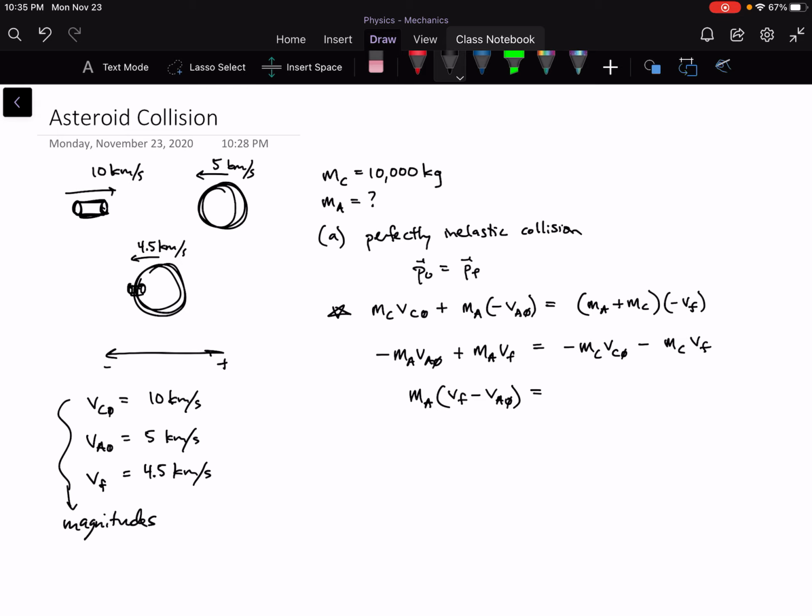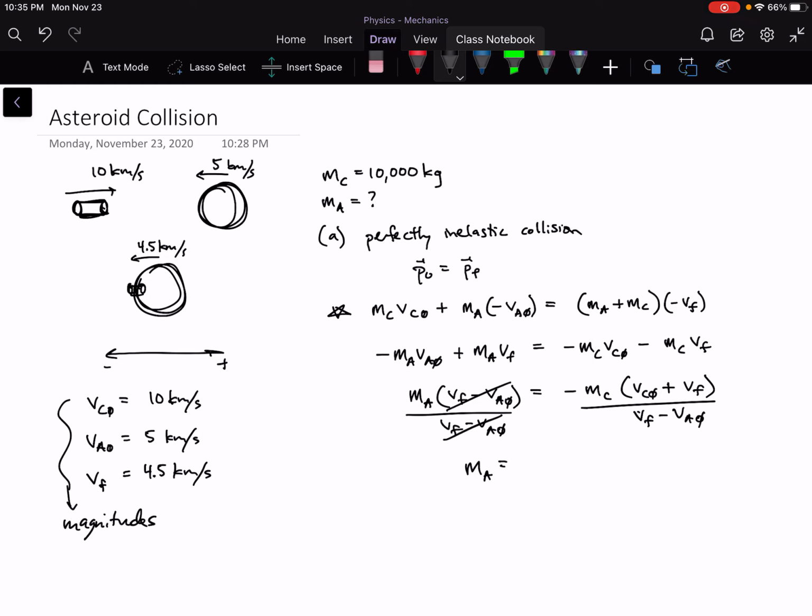And we can actually do a similar thing over here. And then we divide both sides by this quantity. And that cancels it here and leaves us with a bunch of stuff that we can solve for, which is nice.